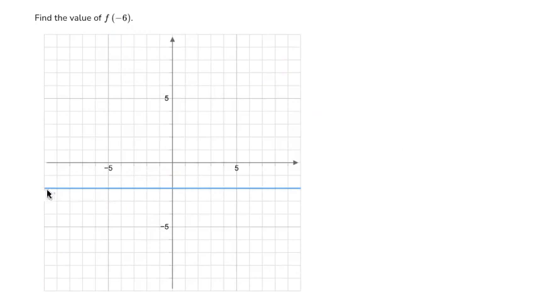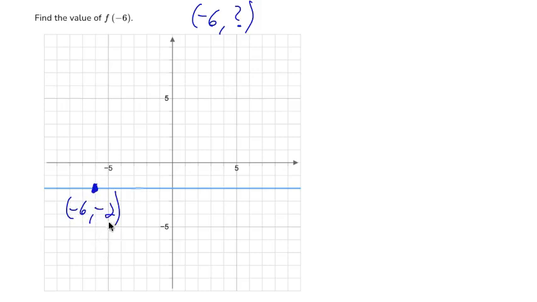Special situation here with a horizontal line. We're trying to find the value of f of negative 6. Or in other words, when x is negative 6, we're wondering what the y value equals. When the input is negative 6, what's the output? Okay, so when x is negative 6, the graph here is at the point negative 6, negative 2.